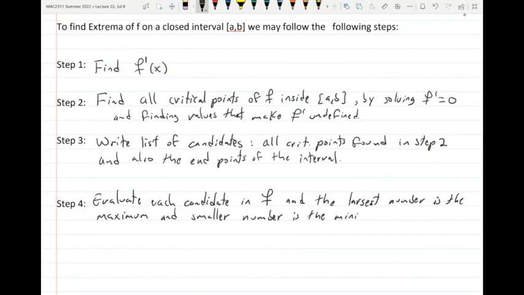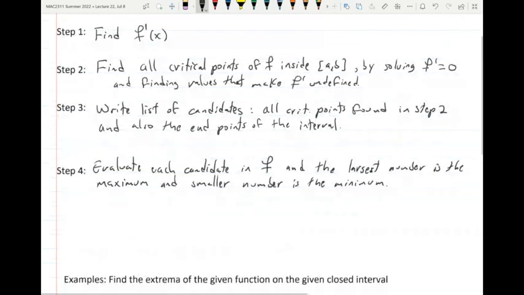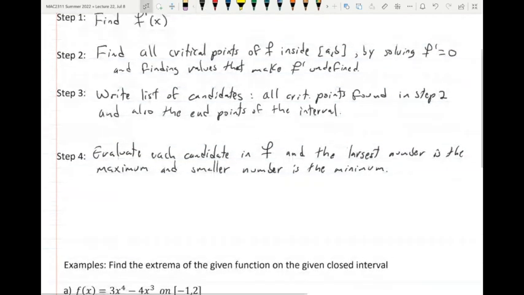Now understand that this may happen more than once, so the maximum and minimum may happen at different locations, but the actual value is only one, okay? The actual maximum and minimum is only one number, but the location may happen at different places. Okay, so that's the idea.